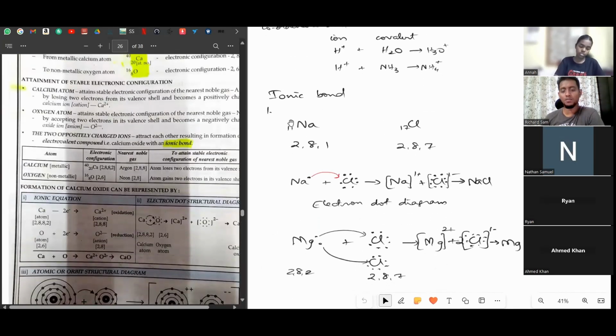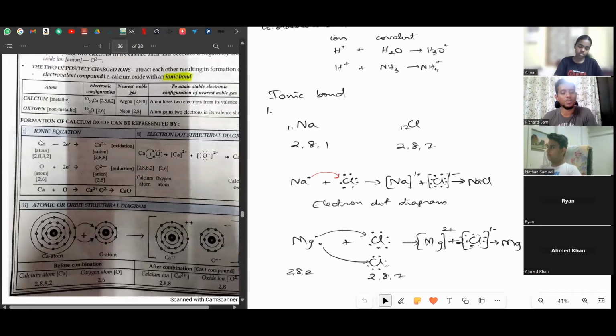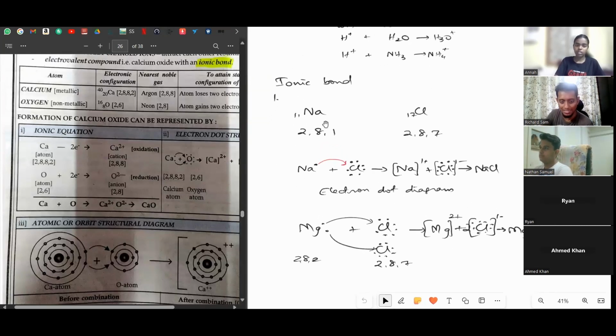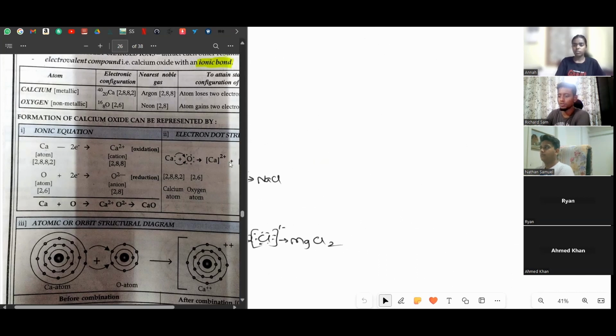There is one more thing. For each of these, you should also be able to write the ionic equation. Ionic equation means what happens to each of them. For example, let's look at sodium. What happened to sodium and what happened to chlorine?